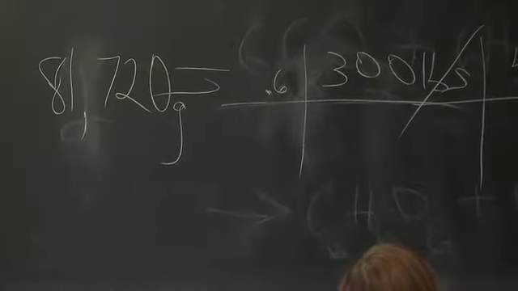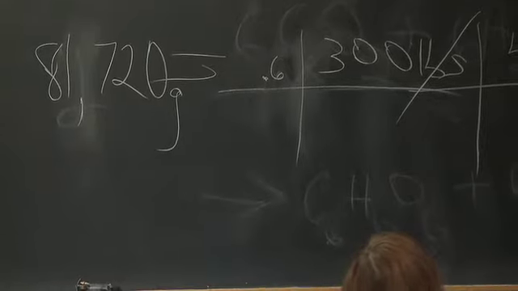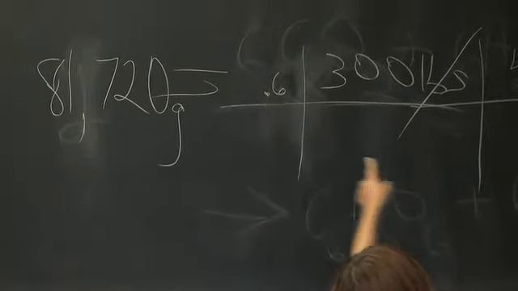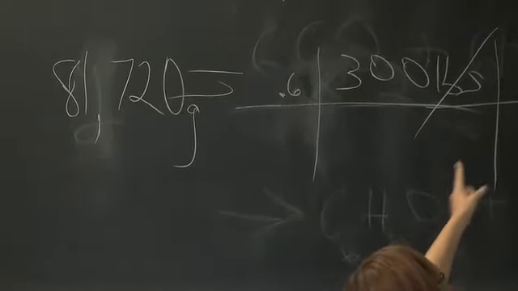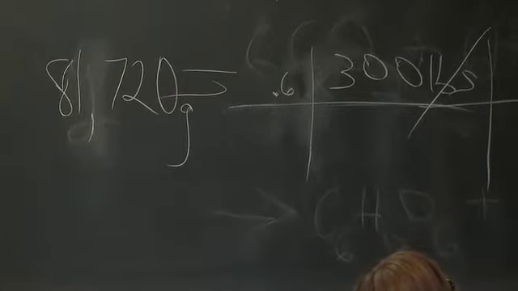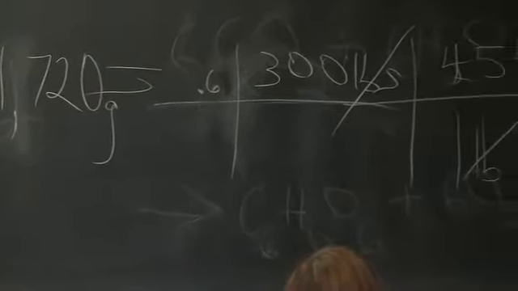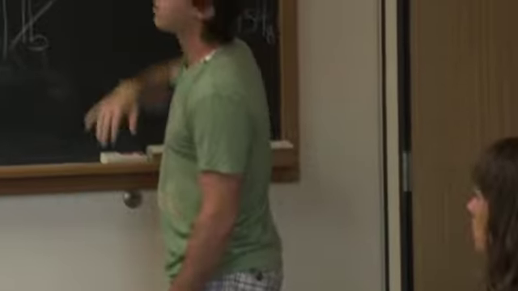Grams. The equation doesn't work with grams. You don't know that 6 grams of CO2 make 1 gram of C6H12O6. So there's something we're missing. We need to change those grams to moles somehow.